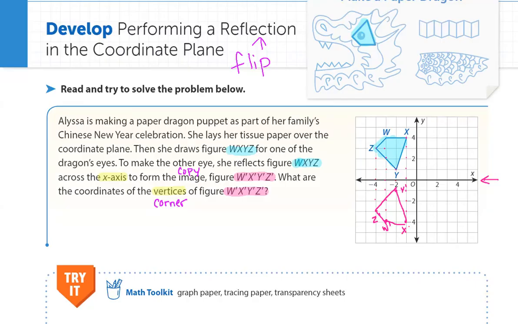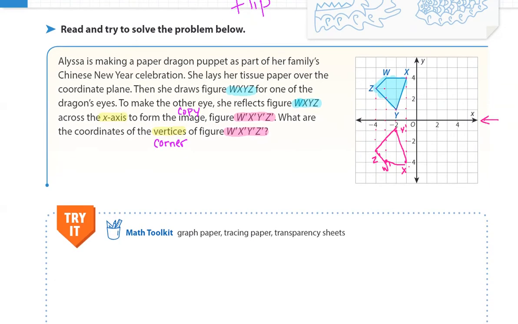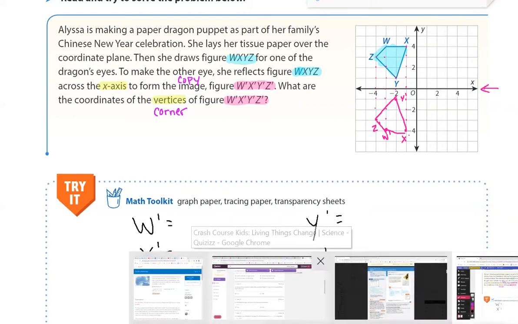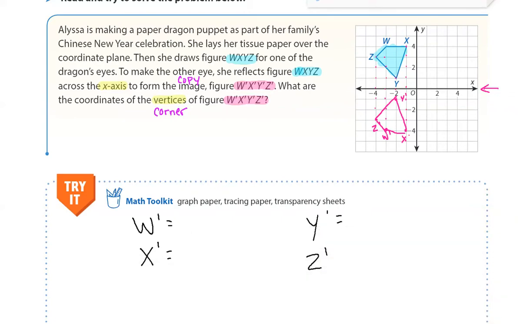So now it's asking what are the coordinates of the vertices. So we're just going to have to figure out what they are. We want to go in alphabetical order. I know my alphabet still. W prime, X prime, Y prime, Z prime. Okay, and let's just look at them.